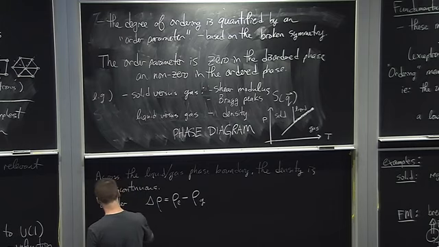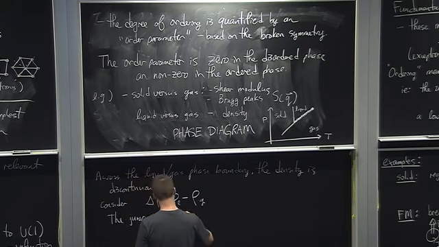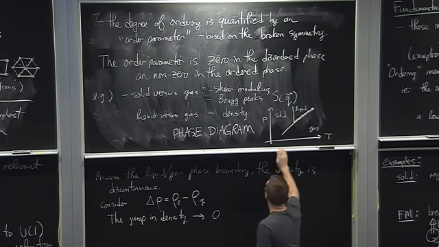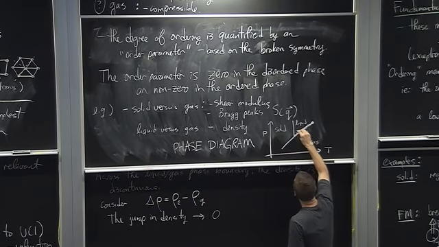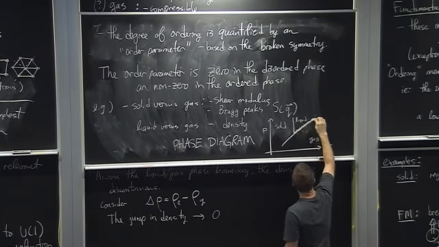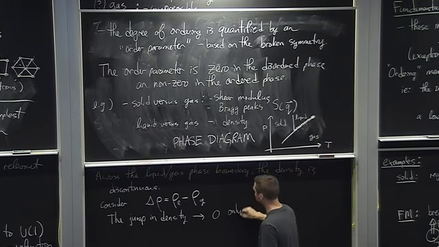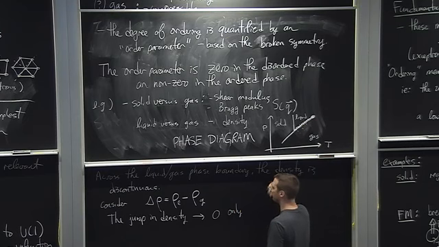So the jump in density approaches 0 as we go across this boundary only at this special point here. This is just an empirical fact that I'm telling you.